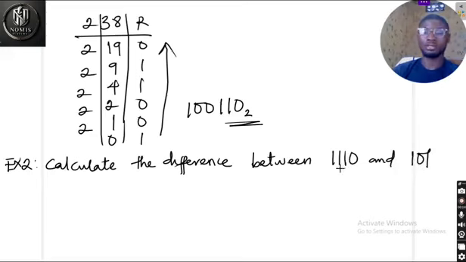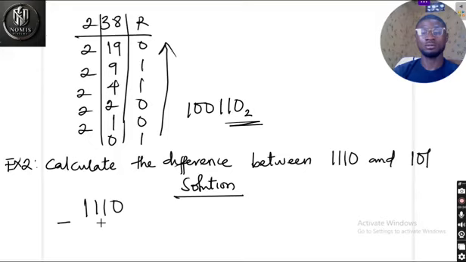So this is a simple one. To calculate the difference, we still mean that we should perform subtraction. So that will be 1110 minus 101.